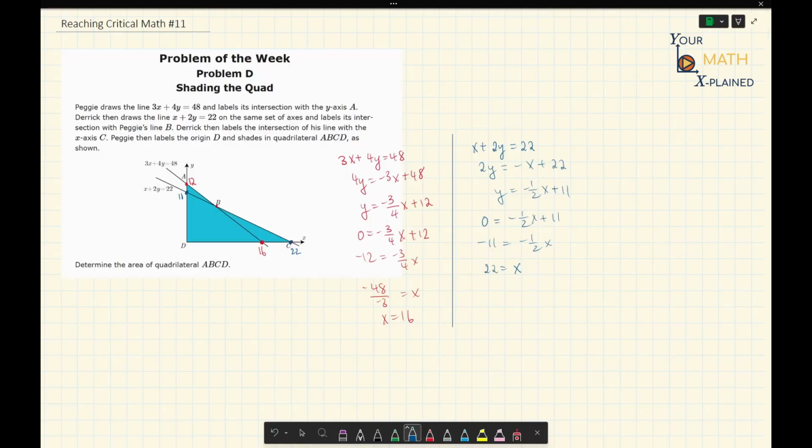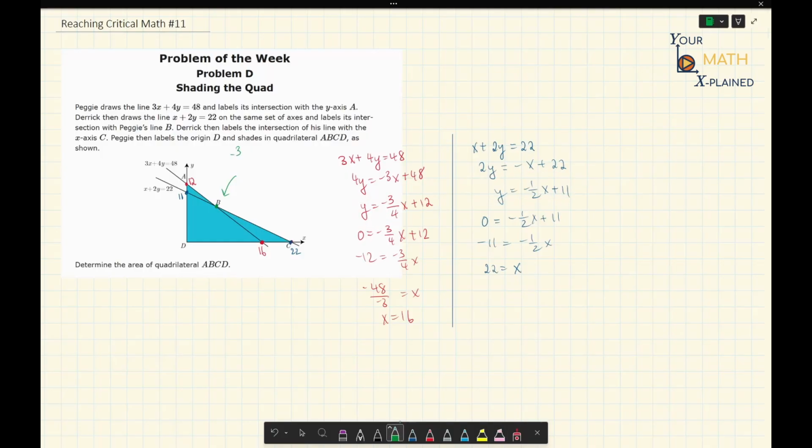Lastly, we have coordinate B that they've identified for us, so we might as well try to find that one as well. Coordinate B can be found by setting the two lines equal to each other, and then finding the x value that allows for that to happen. So using the two isolated equations, we can set them equal to each other.